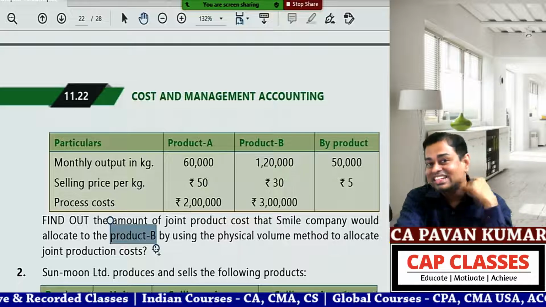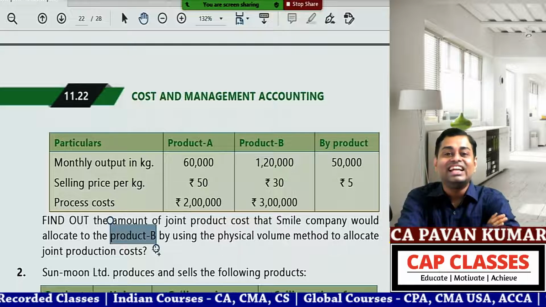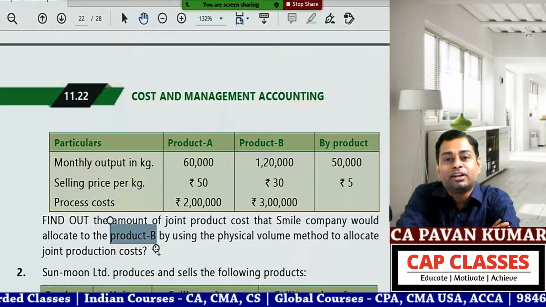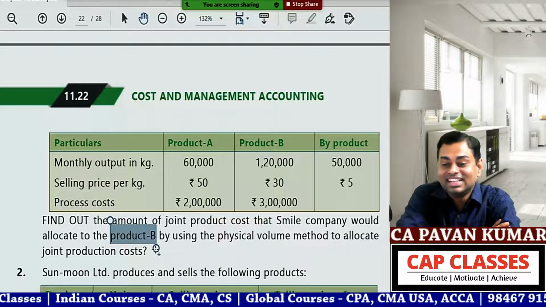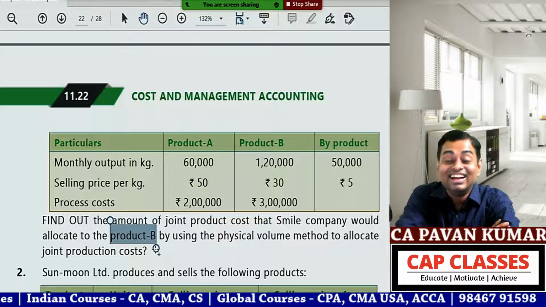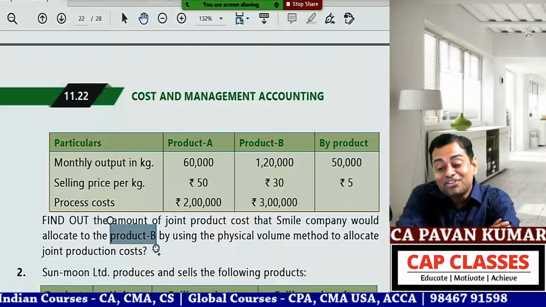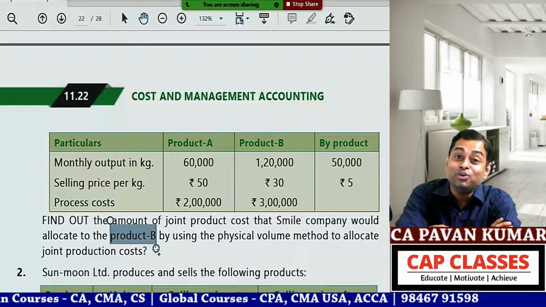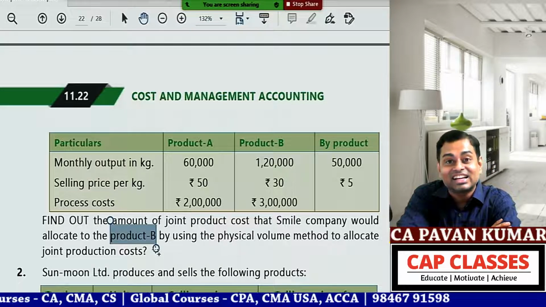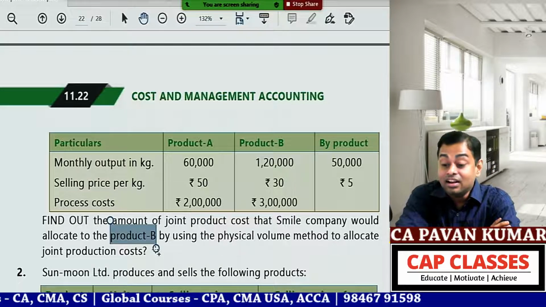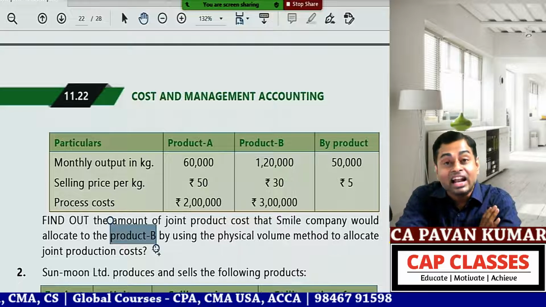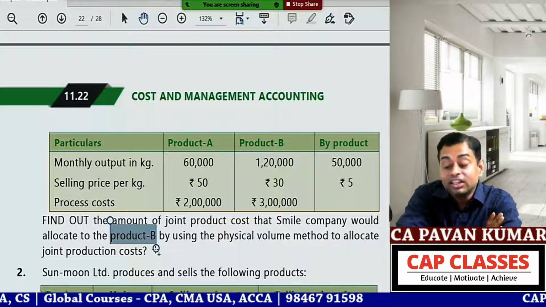I'll tell you one thing, okay? Accounts paper in CA Inter Group 1 is there, no? That is actually cheating. That is BCom level paper. And after doing that accounts, you'll go to Group 2 and you do amalgamation, consolidation, internal reconstruction, banking, NBFC, no? And accounting standards 17, 18, 19, 24. All these things you will do.